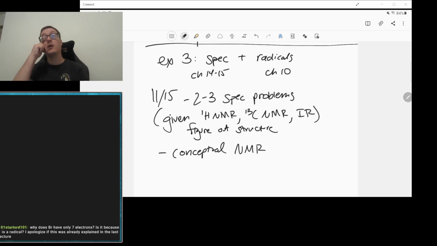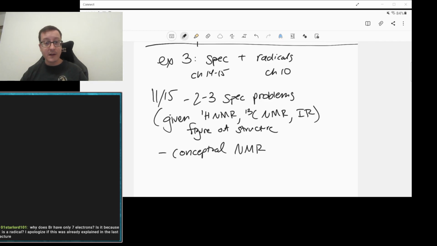So conceptual not meaning like I don't need you to build me a machine or something like that. To understand splitting patterns, for example, or why something might be de-shielded, why it would show up more downfield, things like that. That's more conceptual NMR stuff.